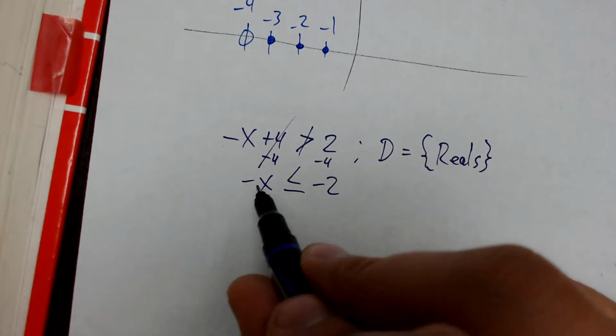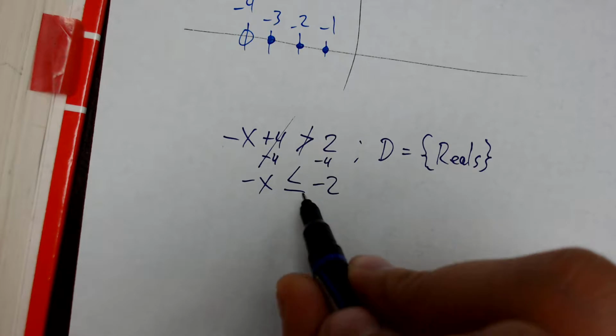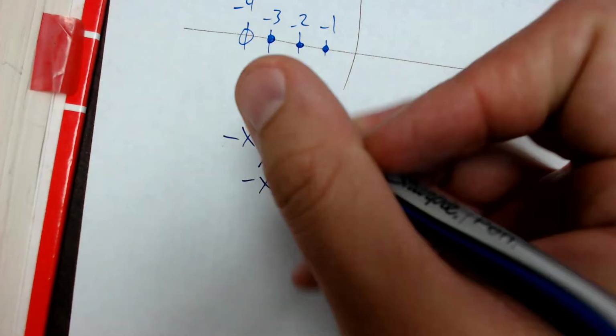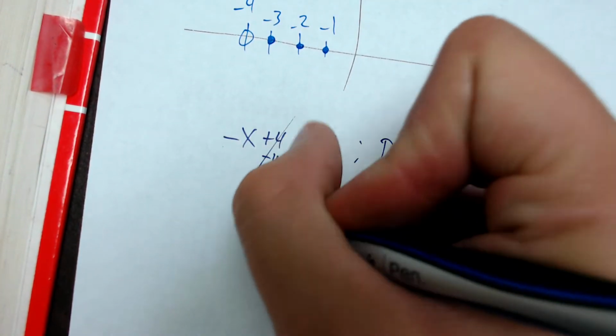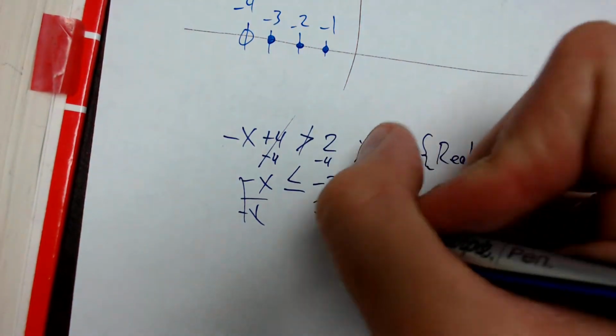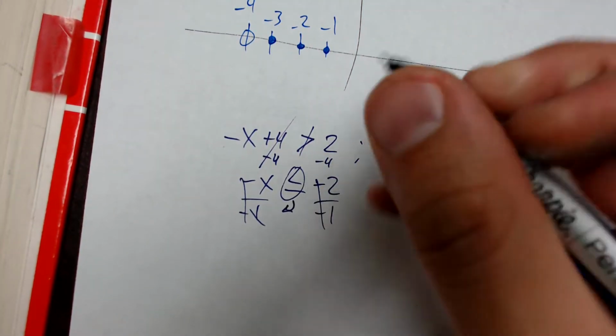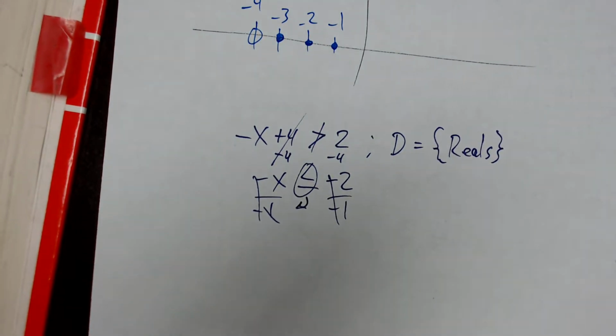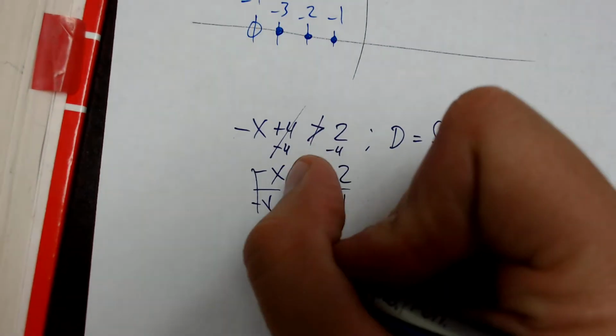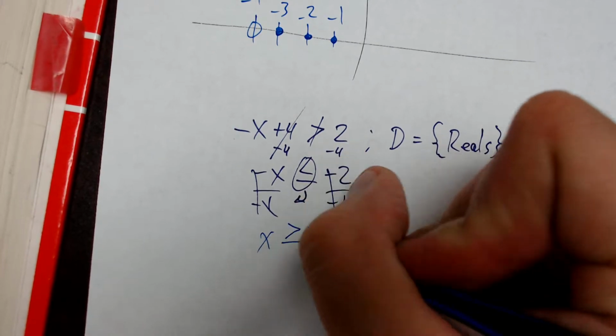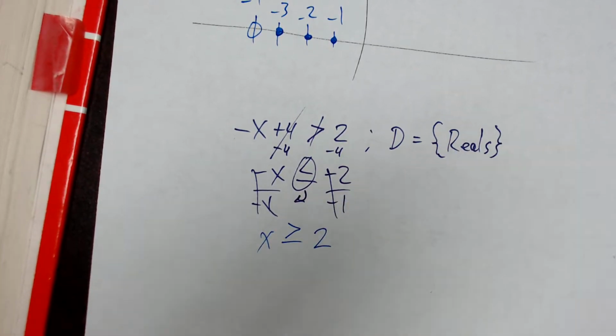Anytime you multiply or divide an inequality by a negative number, the sign switches. So if I divide by -1 on each side, this sign is going to reverse. So what I'm graphing now is that x is greater than or equal to 2.